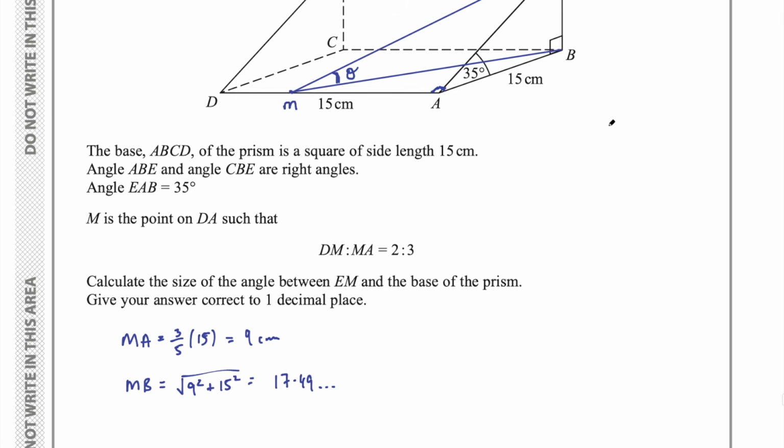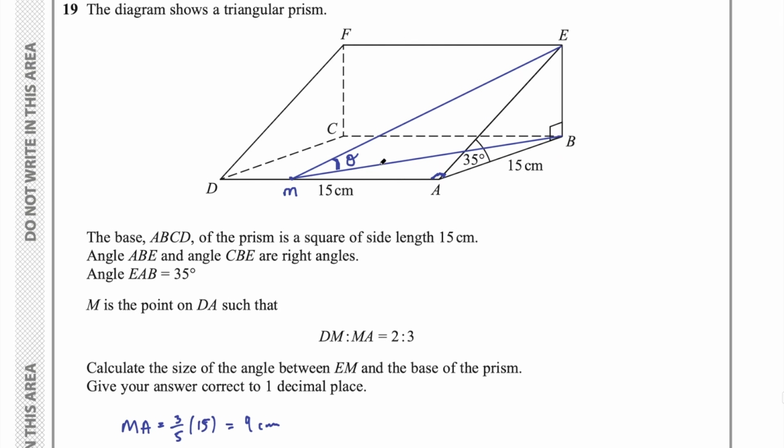To find this angle in here, I need another side of this right angle triangle MBE. So I could either find the hypotenuse or EB. I think EB will be easier. We can find EB using this angle 35 degrees and this side AB. So if I have an angle and one leg, I can use the tan ratio to work out the other leg.